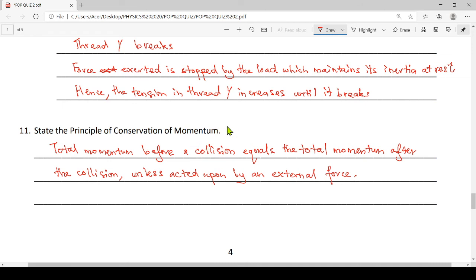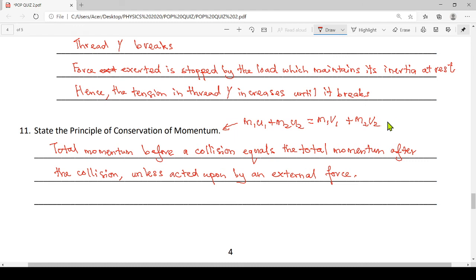So from here we can write m1u1 plus m2u2, the total momentum before. It must equal the total momentum after. That will be m1v1 plus m2v2.